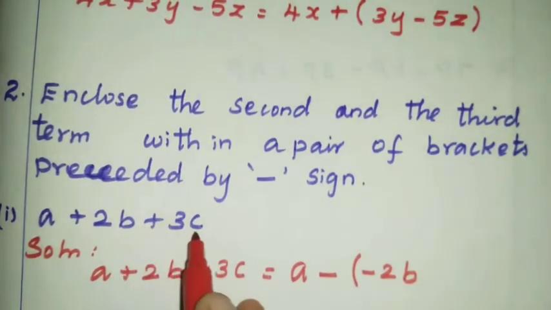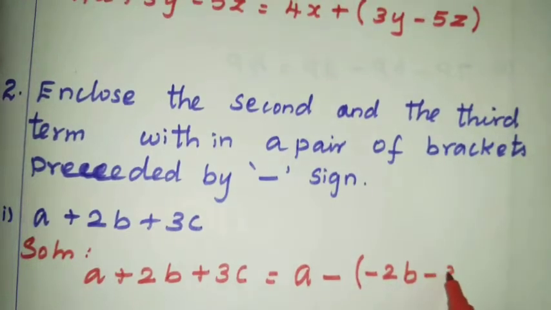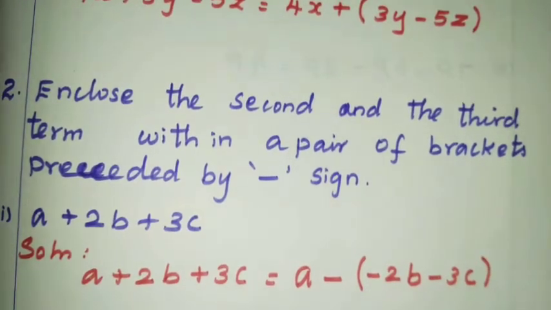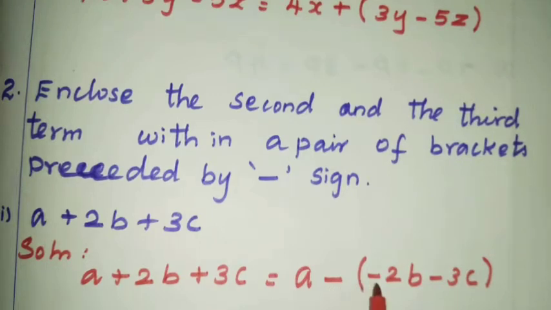Then plus 3c becomes minus 3c. So you have to remove the brackets. We get the LHS: minus into minus 2b, minus into minus 3c. So your answer is a minus of minus 2b minus 3c. Is it clear?